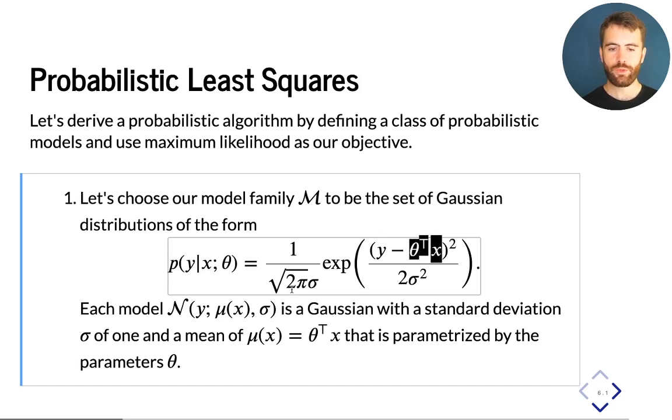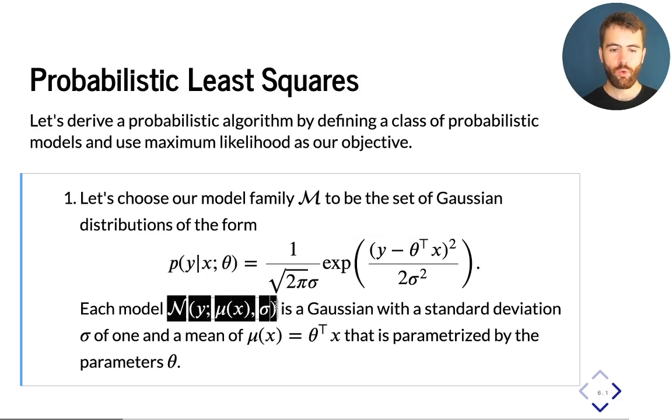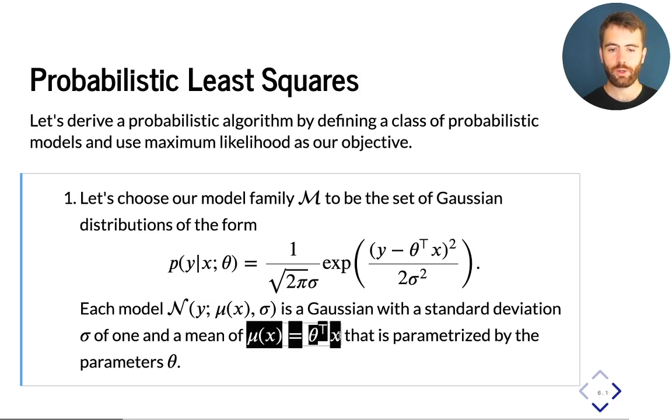So essentially what this formula is saying is that we make the assumption that this conditional distribution is a Gaussian that has a mean and a standard deviation, or variance, and the mean itself is actually a function of x on which we have conditioned this distribution. And this mean, mu, is going to be a linear function of our parameters and inputs x.